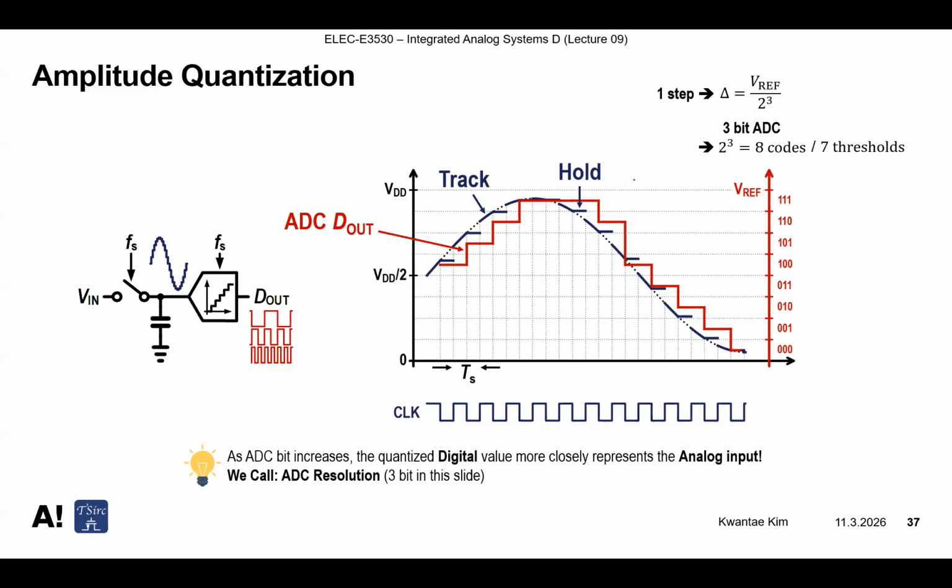We call the 3 in 3-bit and the 2 in 2-bit the ADC resolution. As we increase the ADC resolution, the digital output code goes closer to the analog input. So this is the fundamental.